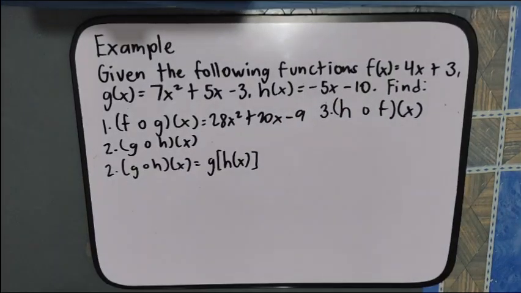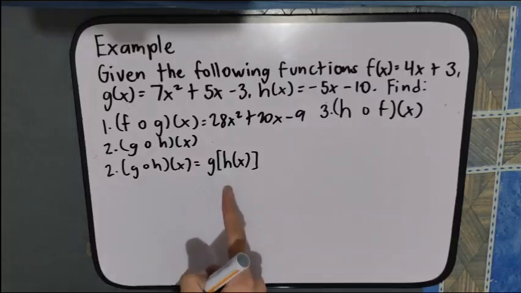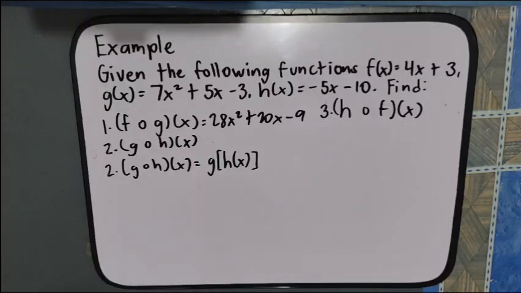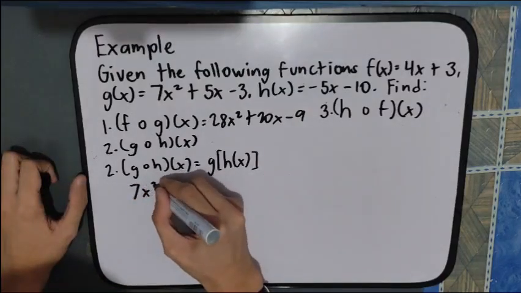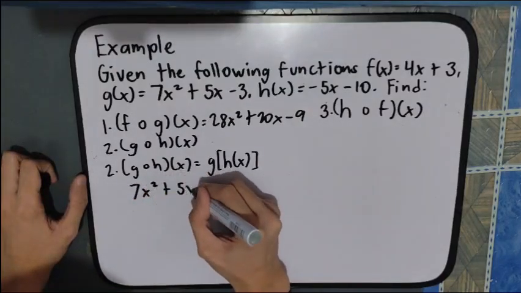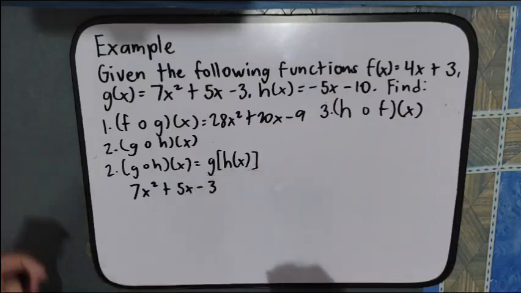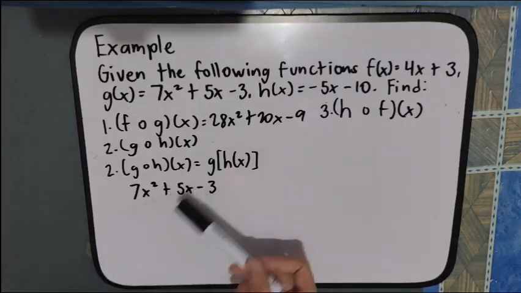Next, we are going to find g of h of x. Just like what we did earlier, we're going to copy g of x, 7x squared plus 5x minus 3. Then the output of h of x is negative 5x minus 10, so we're going to substitute it for the x's.